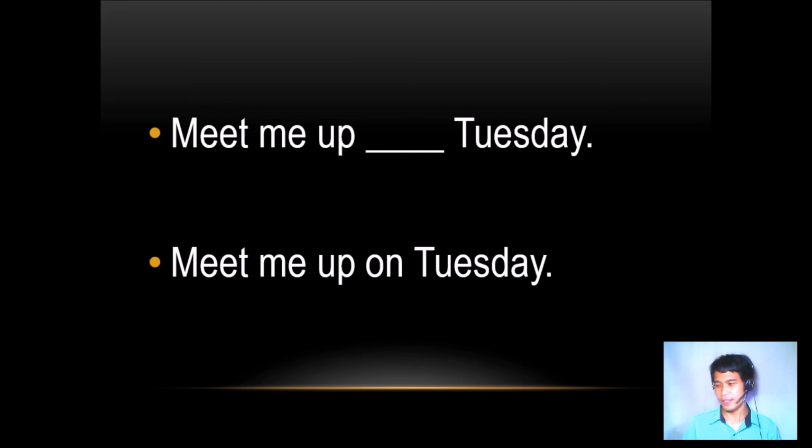If you got all the correct answers, then congratulations, my friend. You actually understand when you're going to use the prepositions in, on, and at. You have more examples here.